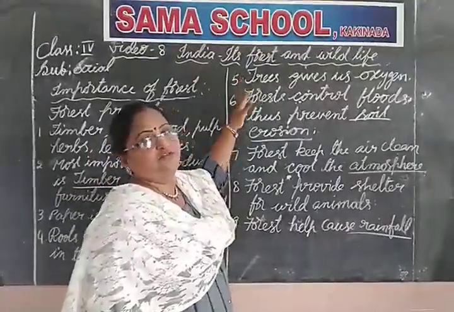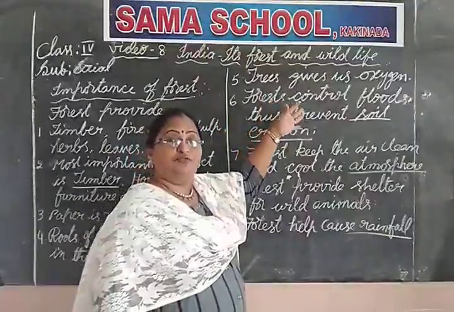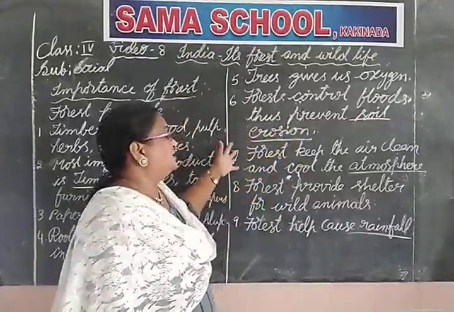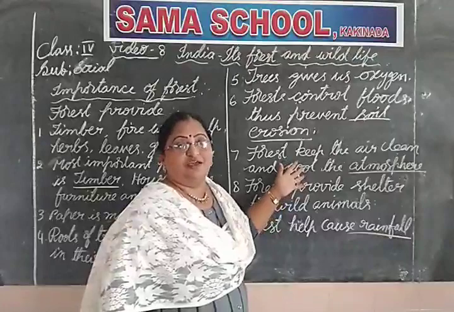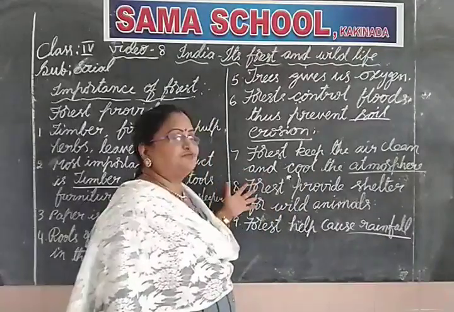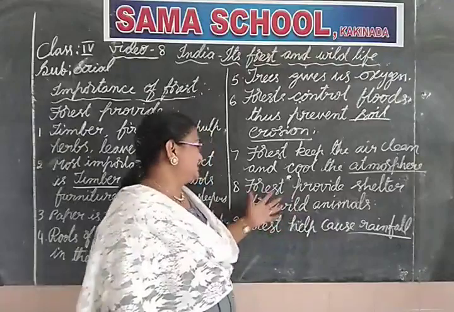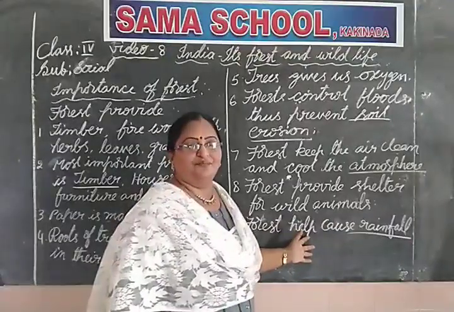The trees give us oxygen, and the forest controls the floods and thus prevents soil erosion. These forests keep the air clean and the atmosphere cool, provide shelter for the wild animals, and help cause rainfall.